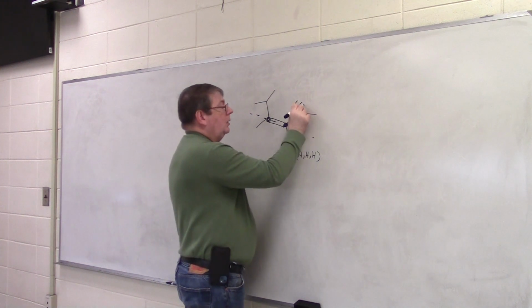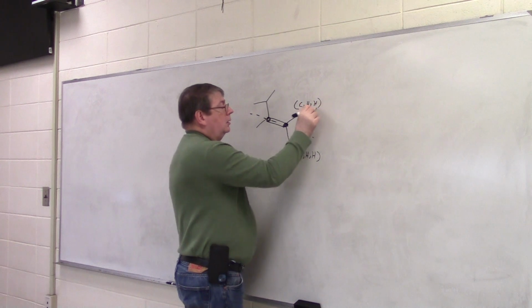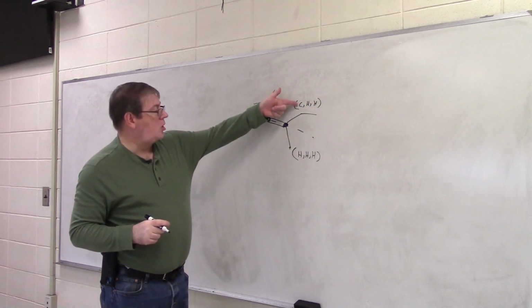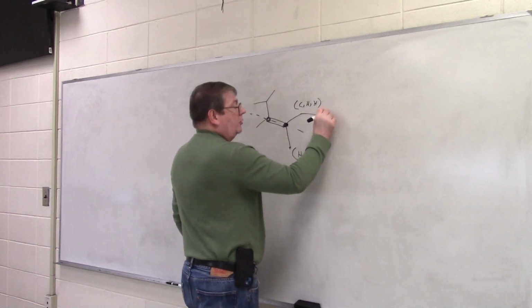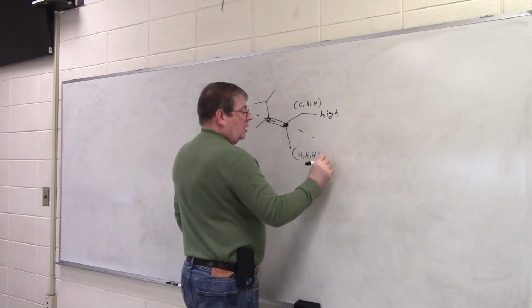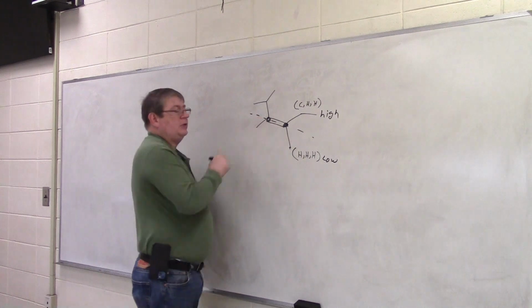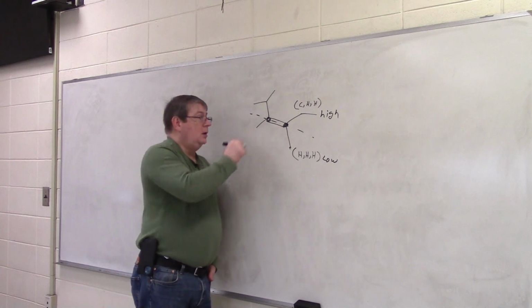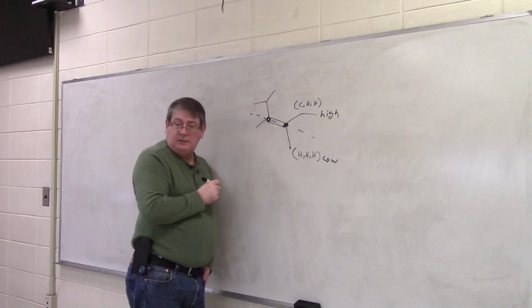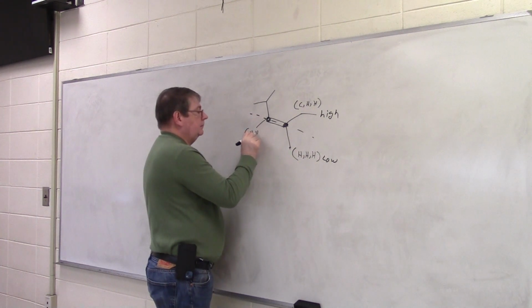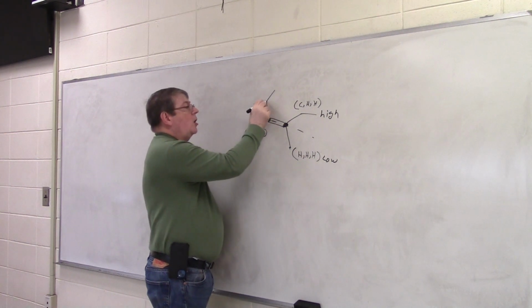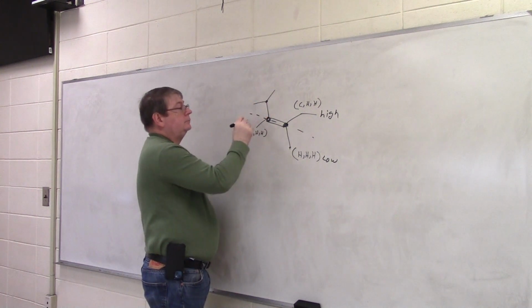So we're going to put them in order here. Now I'm going to look at these. What wins, carbon or hydrogen? Carbon. So this is going to be the high priority group. This is going to be the low priority group. Let's do the same thing here. I've got a carbon in both cases, right? This carbon again is attached to 3 hydrogens. And this carbon is attached to what?